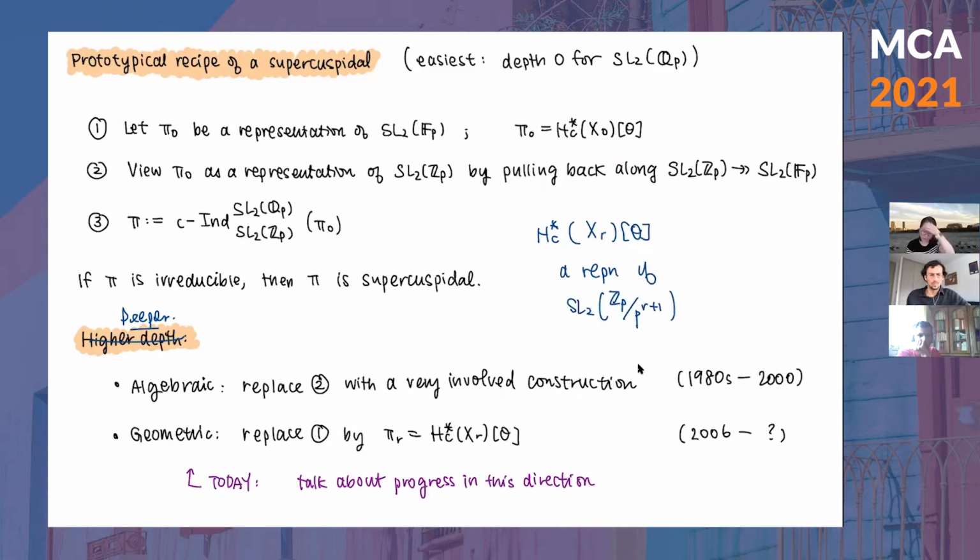So I put R plus 1 because when R equals 0, we want ZP mod P, which is FP. Okay, and so the focus of today will be to talk about progress in this direction, in this geometric thing where we replace step 1 by some deeper representation coming from geometry.